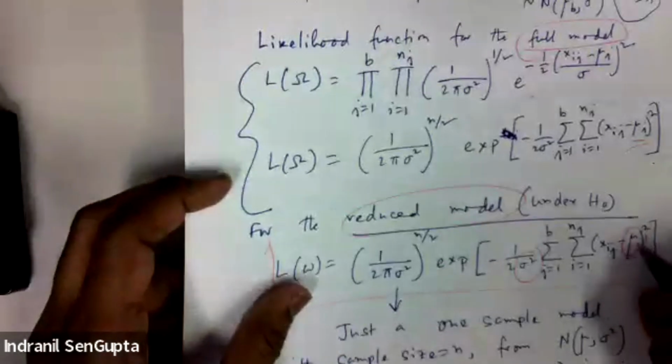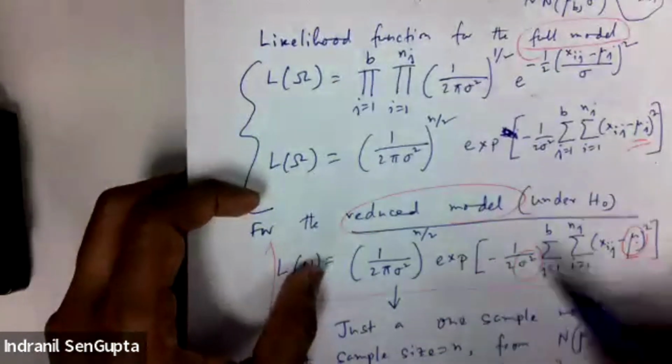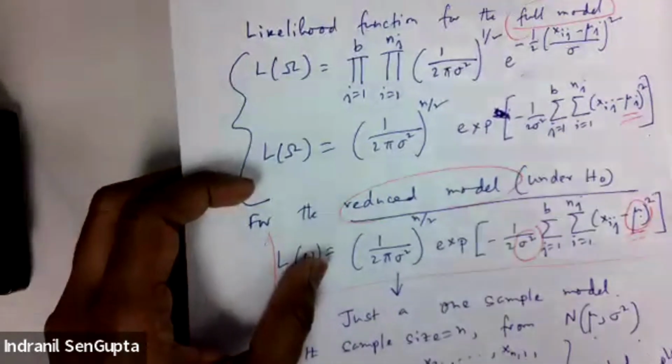So what do you have to do? Basically, I have to replace this mu by x bar and sigma squared by what we just wrote.